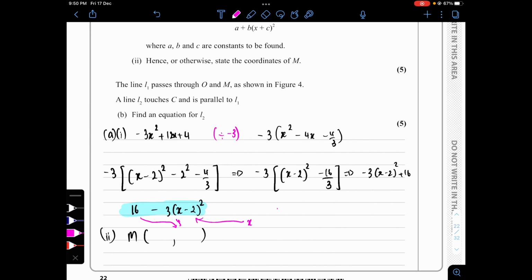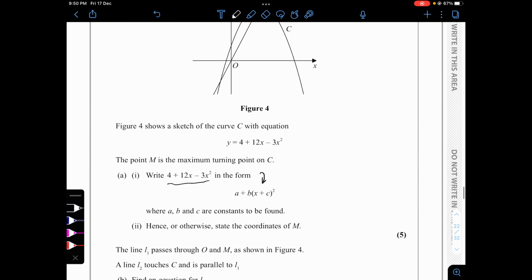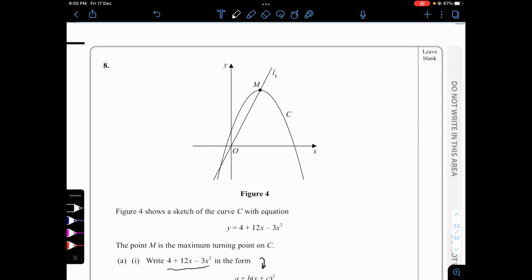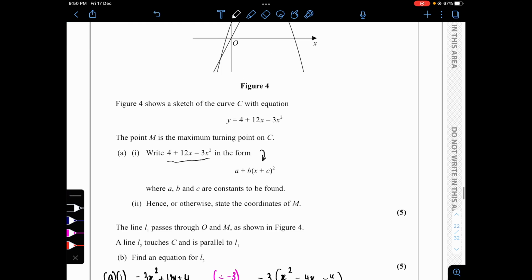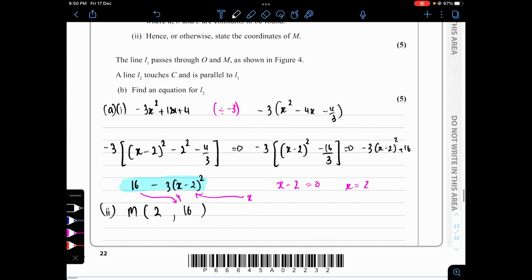When you have x minus 2 equal to 0, x is always 2. So we always take the negative of what's inside the bracket. So the answer will be (2, 16). Is it consistent with what we have here? It looks pretty consistent. You can see this is positive and it's above, so that's 16. So that's our coordinate of M.